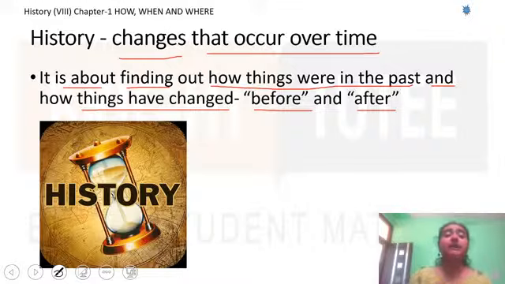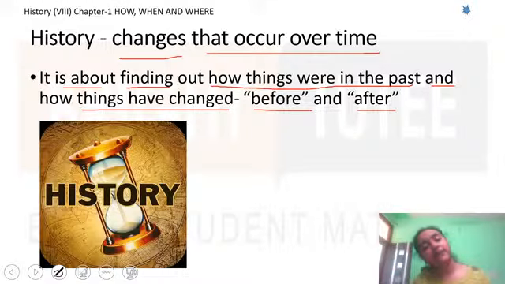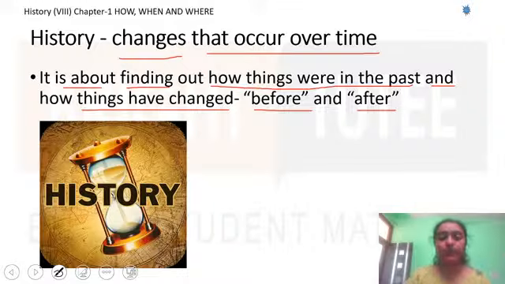Okay, so it is about finding out how things were in the past, like something happened 1000 years ago, and how now that thing has evolved in the present period. So it is a comparison between before and after. Students, are you getting this?